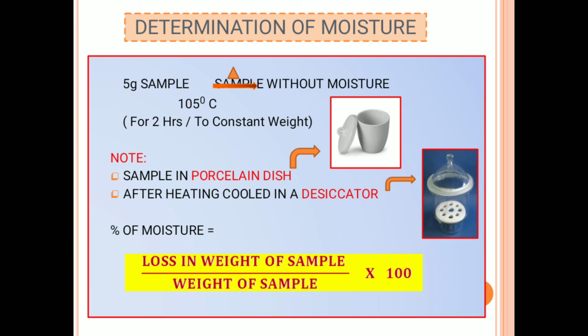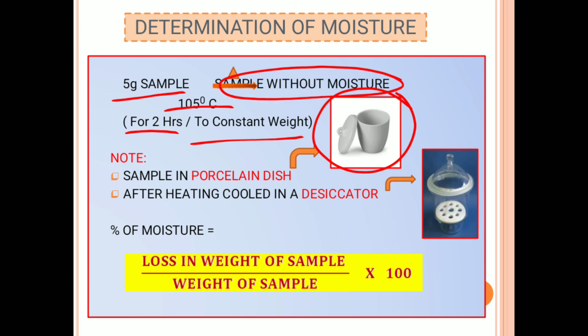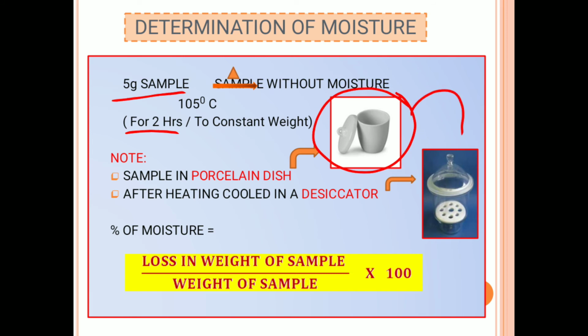Okay, this is the process of determination of moisture. So, simply what should you do? Take 5 gram of sample into this porcelain dish, weigh it, let it be W1, and heat this dish for 2 hours at the temperature 105 degrees Celsius or to get constant weight. Then you can get the sample without moisture. After that, keep this porcelain dish along with the sample after experiment in a desiccator to cool.